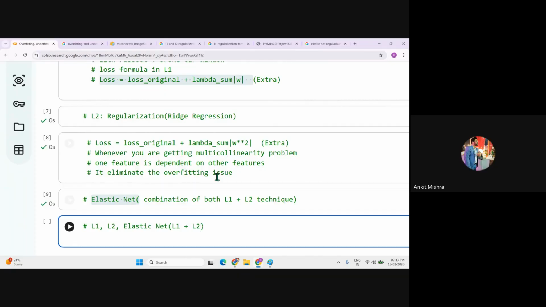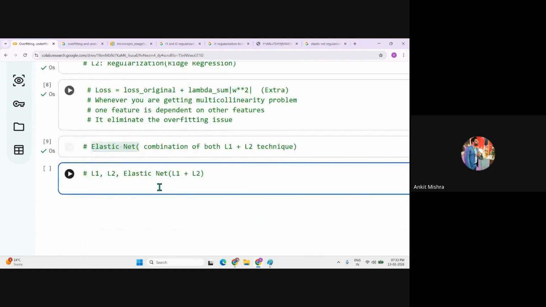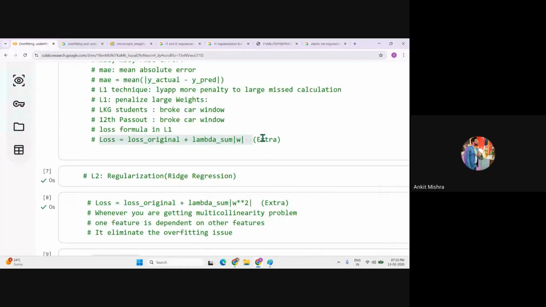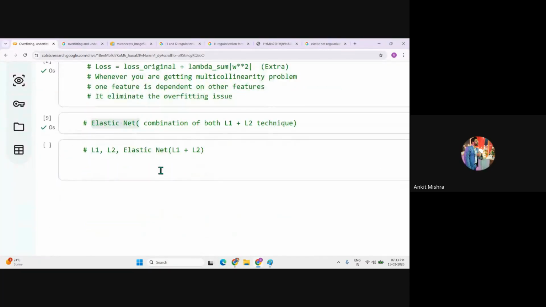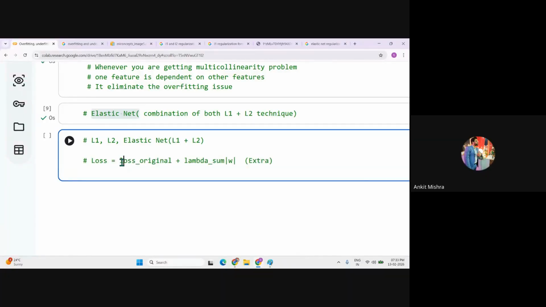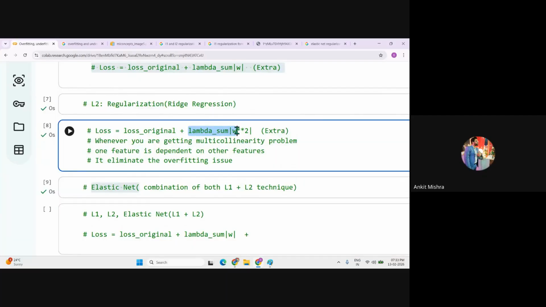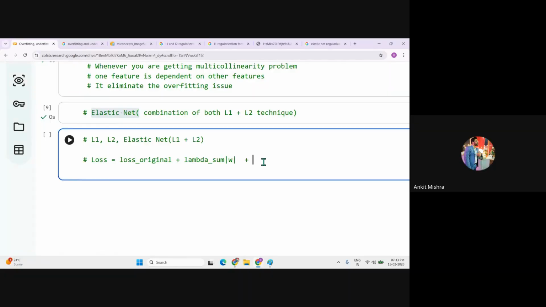So how do we identify the loss of this one? Very easy. Just copy any of the losses, and the formula becomes the original loss plus the L1 weight loss, which is lambda times the sum of the absolute weights, plus lambda times the sum of squares of all the weights. So the new formula will become like this.